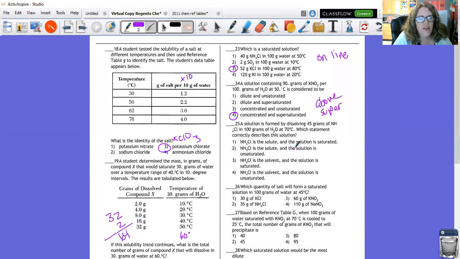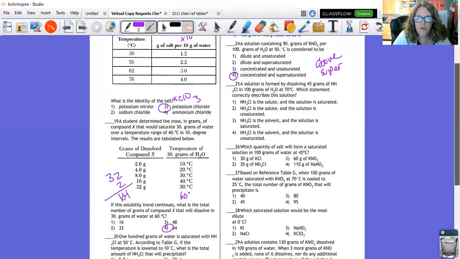All right, number 25. I know these ones take a long time because of having to go back and forth with the reference tables. A solution is formed by dissolving 45 grams of ammonium chloride in 100 grams of water at 70 degrees Celsius. Which statement describes this solution? So I need to find 70 degrees, 45 grams.